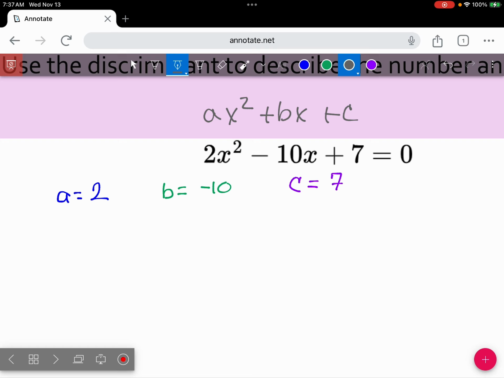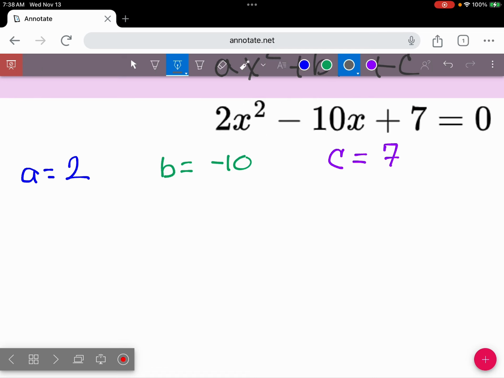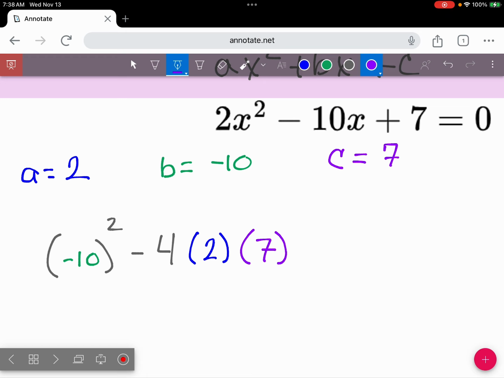So then we're going to substitute those into our discriminant, which I do have on the top right for us over there. I'm going to take my b squared, so my -10 squared, minus 4 times the a times the c, and we're substituting all those values in.